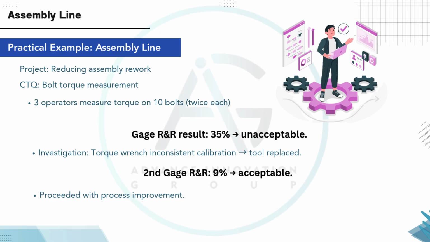With a reliable measurement system in place, we were finally able to move forward with process improvement efforts confidently, knowing that our data was trustworthy. This example emphasizes the importance of checking measurement systems before diving into analysis. Otherwise, you may be trying to solve a problem that doesn't actually exist in the process.